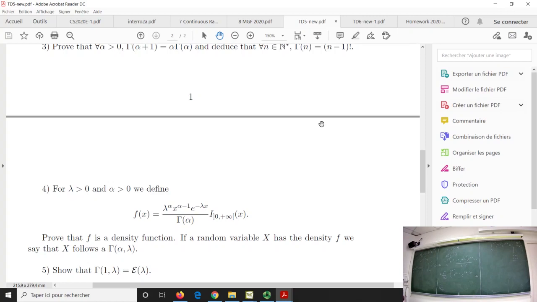So if t is strictly less than lambda, by replacing with what I know, I obtain lambda to the power alpha over gamma of alpha, multiplied by gamma of alpha, divided by the new lambda, that is lambda minus t, to the power alpha.